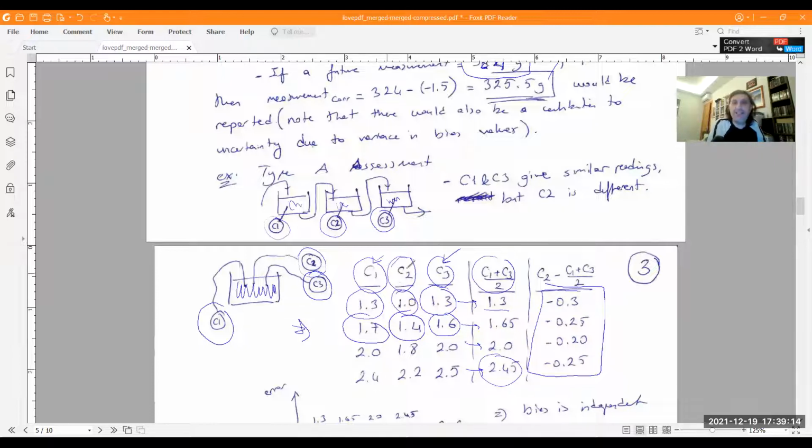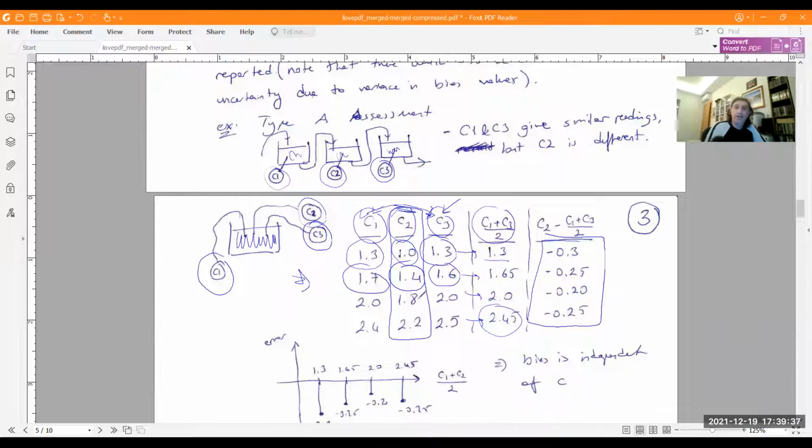Maybe C1 and C3 are both badly calibrated and C2 is the correct one, but here they do not give the same answer. So we treat the majority as the appropriate one, and we adjust the other one using those two. But to be frank, that's not necessarily a realistic assumption because none of these were calibrated for a long time. Since C1 and C3 show very close results, it probably means, though it should be checked again, that there's something wrong with C2.